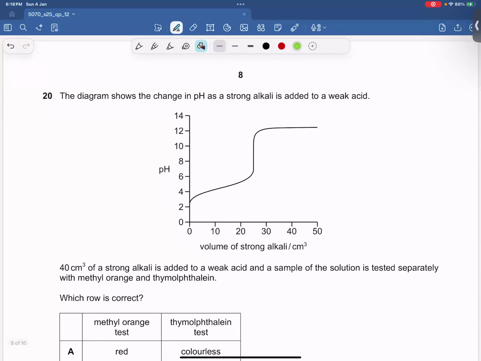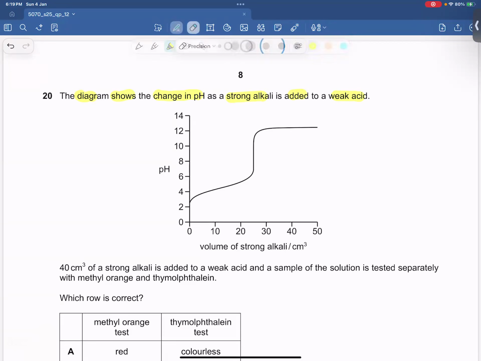Question number 20. Oh my goodness. That's the titration curve we have done in the class, if you remember. When I was explaining titration questions related to moles, we were discussing different titration curves in the class, all right? It's one of them. The diagram shows the change in pH as a strong alkali is added to a weak acid.